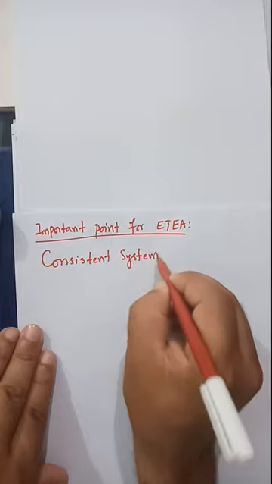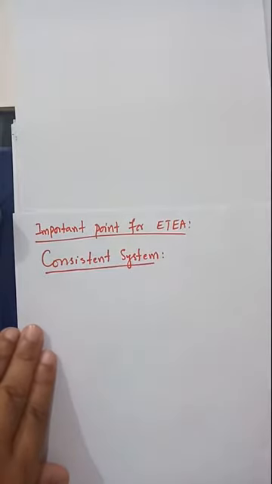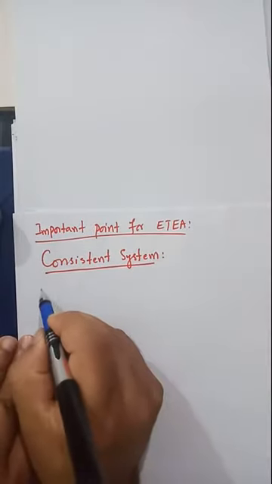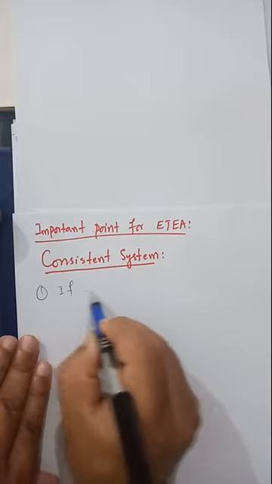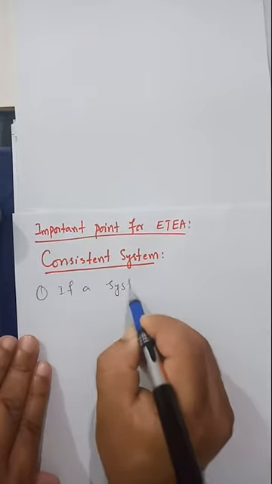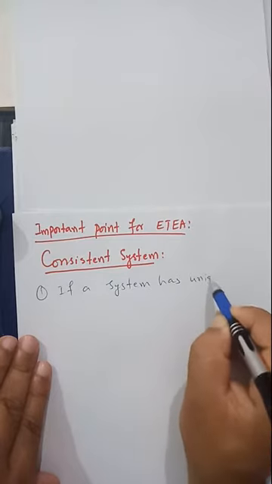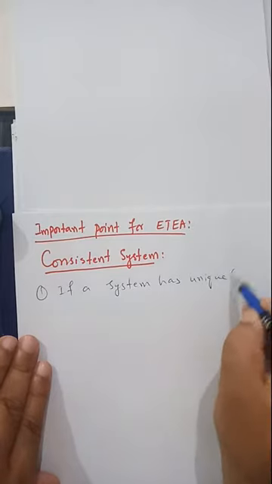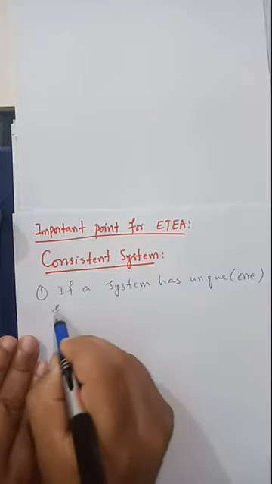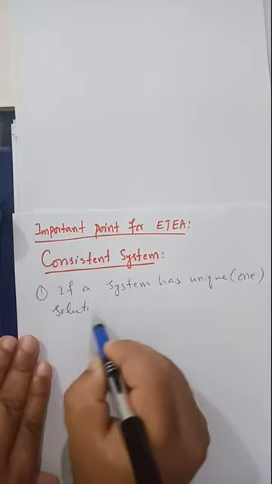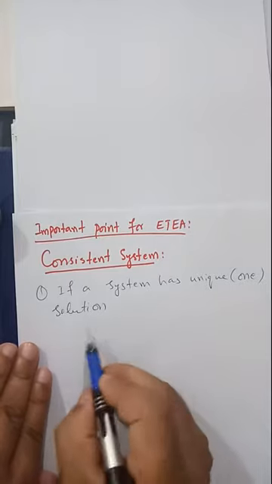Now you know what a system is. If a system has a unique solution, meaning one solution, then that system is called a consistent system.